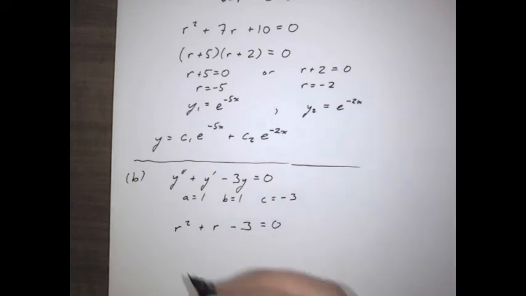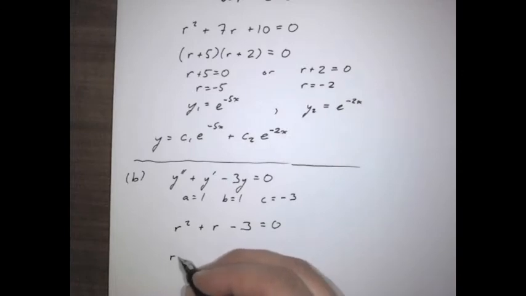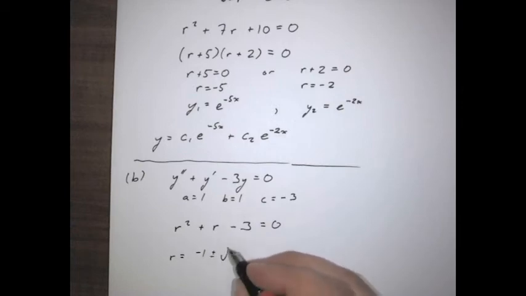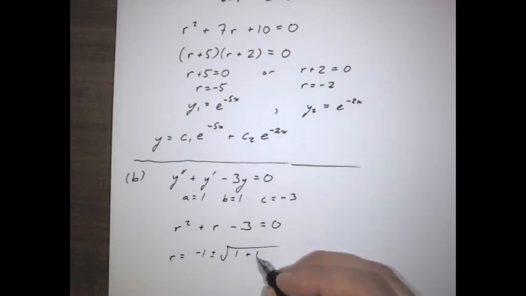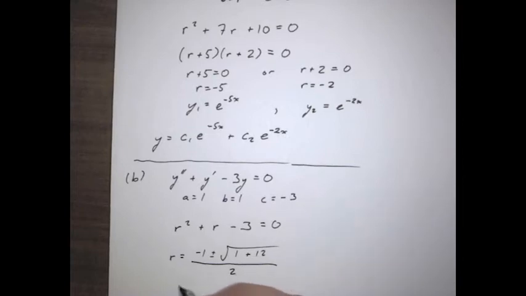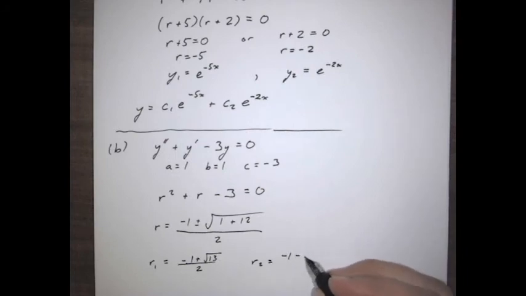Now this one can't be factored, so I have to use the quadratic formula, and that's going to give me that r is equal to negative b plus or minus the square root of b squared minus 4ac, so that's going to be plus 12, all divided by 2a, which is then going to be r1 equals negative 1 plus root 13, all divided by 2, and r2 equals negative 1 minus root 13, all divided by 2.